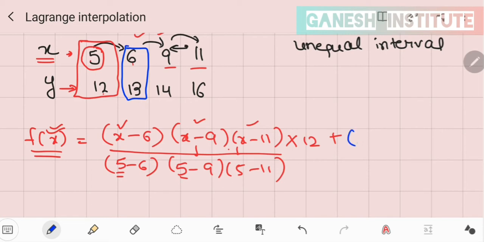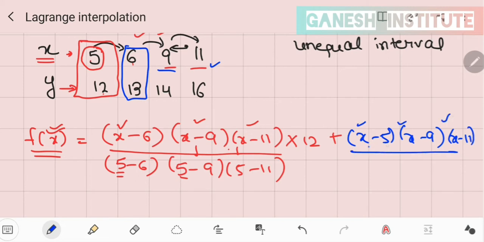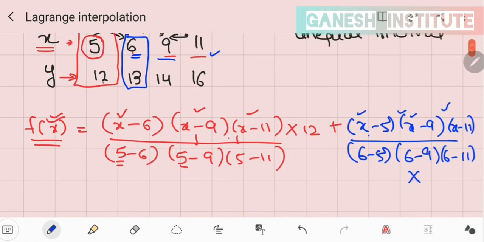Moving on with the same part: x minus 5, then x minus 9, then x minus 11, divided by the second counterpart substituted for x, which is 6 minus 5, 6 minus 9, 6 minus 11, right? And multiply it with the value which you hid.